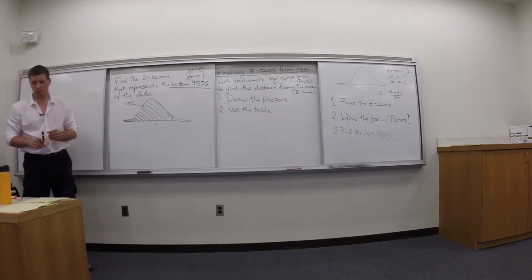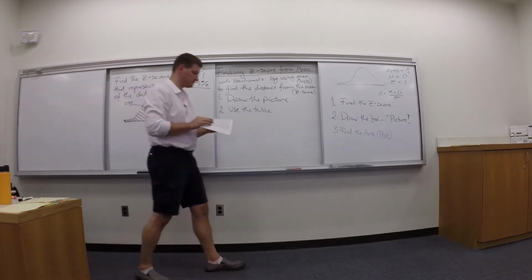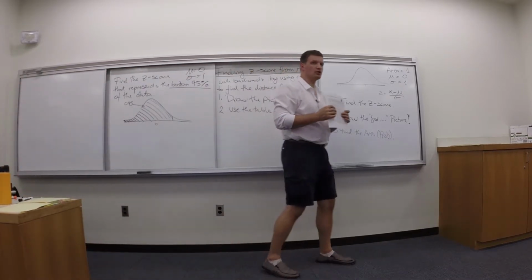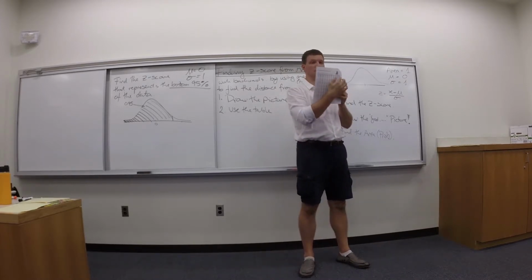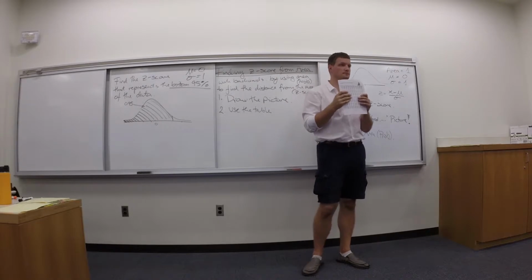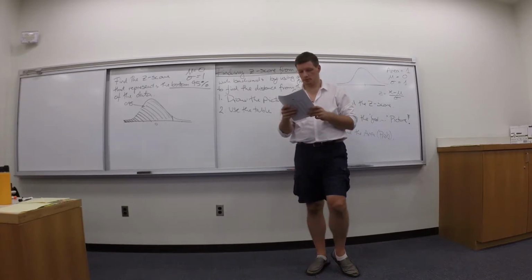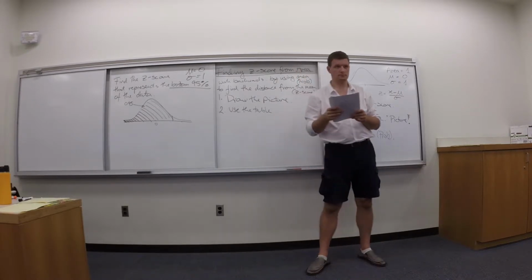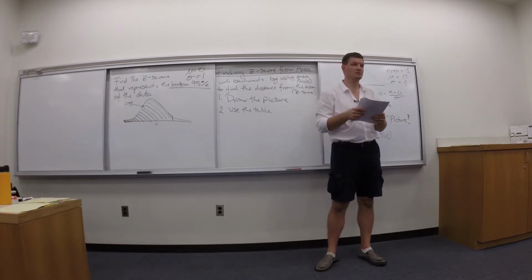Okay, and now we work backwards. So we take our table and we look for 0.95 in the middle part of it. Not the edges, but the middle part. Not 0.9554. 0.95.